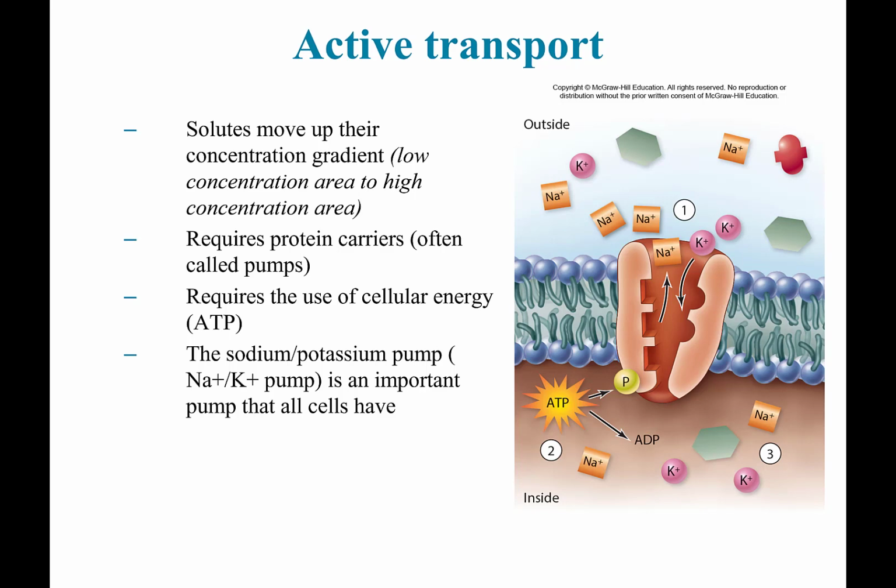This brings in 3 sodium to the inside of the cell and 2 potassium to the outside of the cell. This is an important pump that all cells have, mainly to create a concentration gradient for other molecules to go through the plasma membrane.